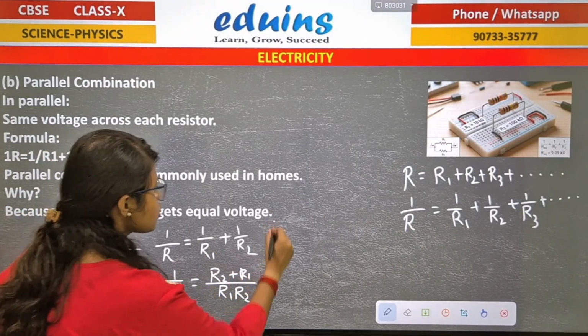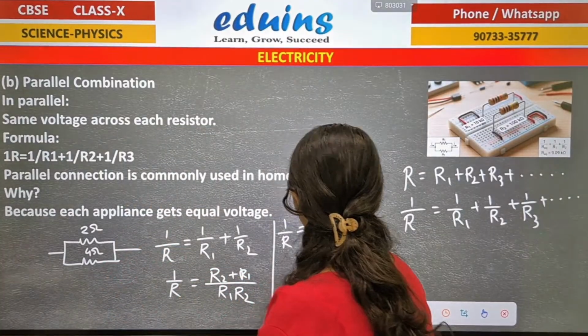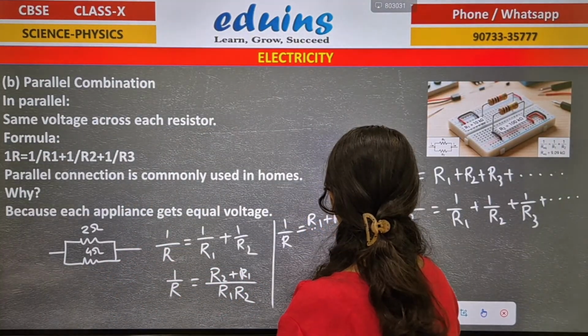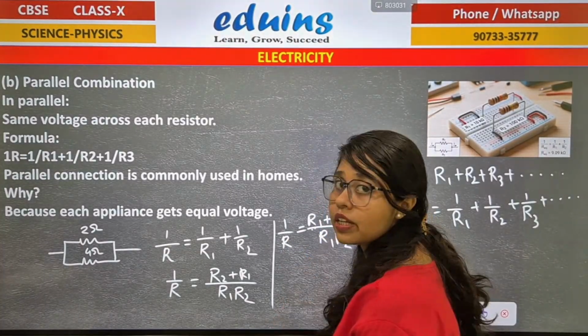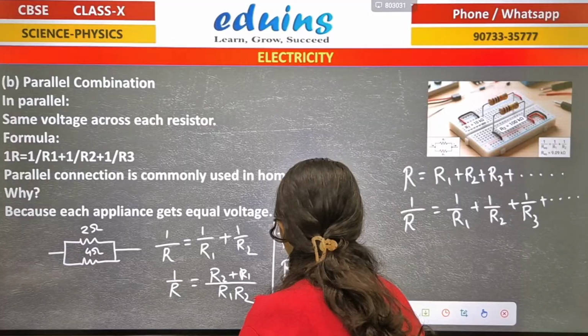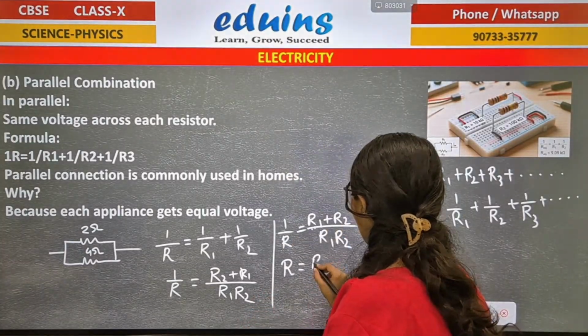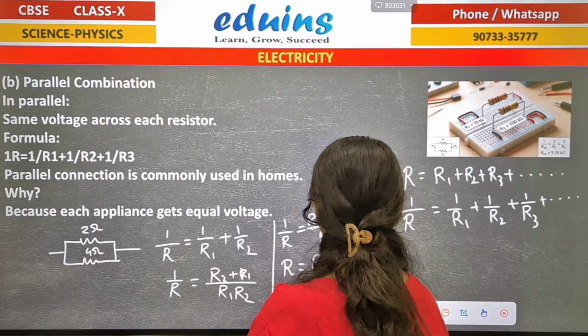So 1 by R is equal to R1 plus R2 by R1 R2. So we take the inverse: R is equal to R1 R2 by R1 plus R2.